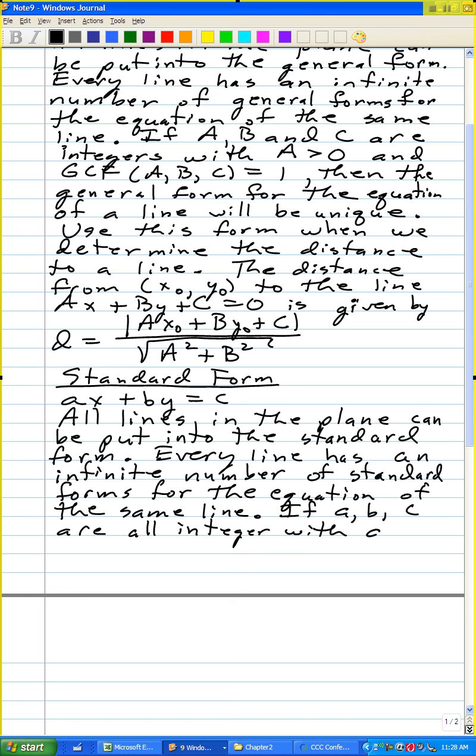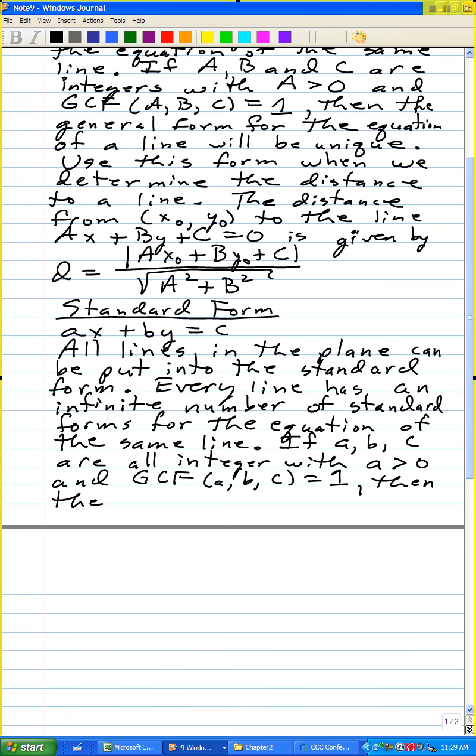with a being greater than 0, and we have that these coefficients are relatively prime, so the greatest common factor between a, b, and c is 1, then the standard form for the equation of a line will be unique.